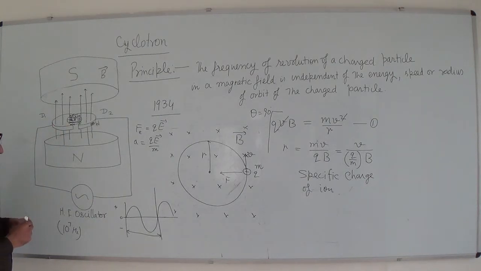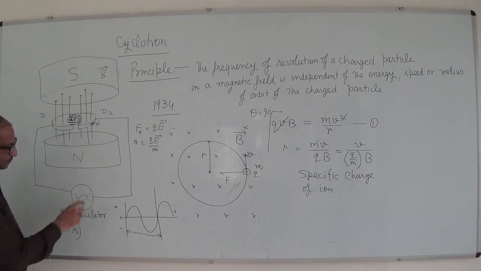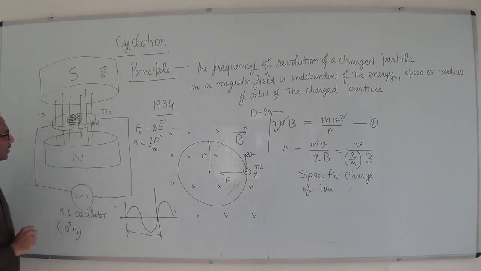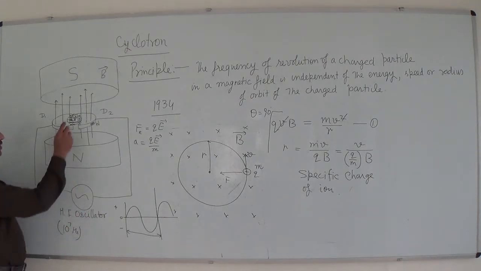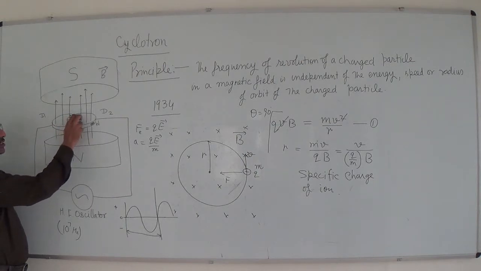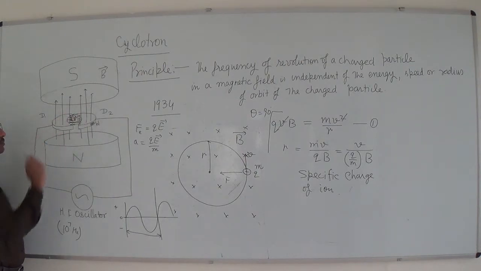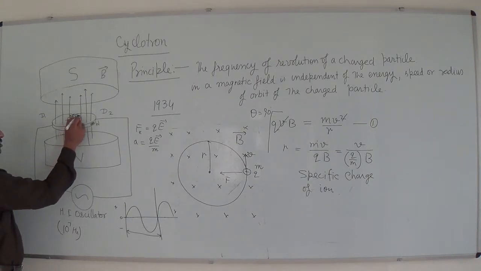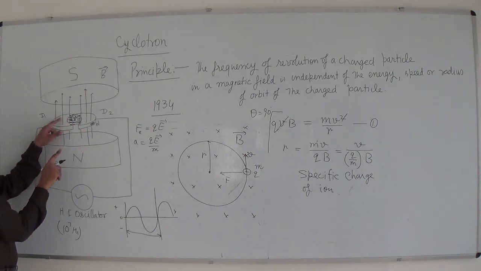And again the same principle: as soon as this ion completes the semicircle, at the same time this high frequency oscillator, which is designed in this way, changes its polarity. So when this ion reaches here, it changes polarity, and this becomes negative and D1 becomes positive.